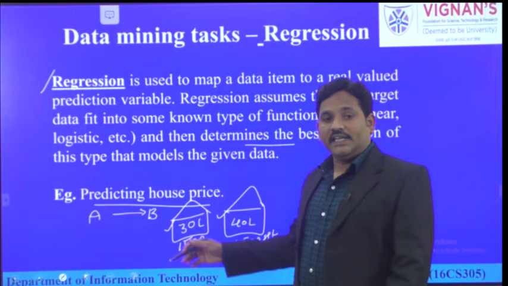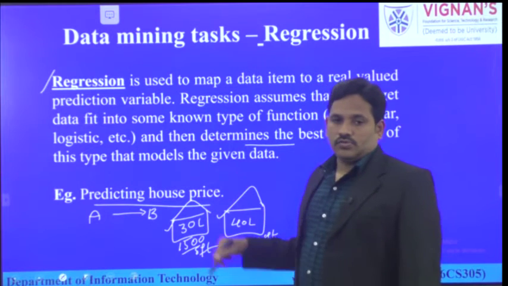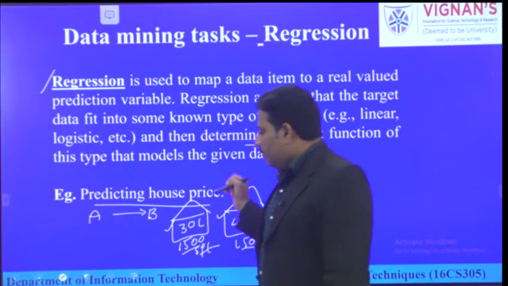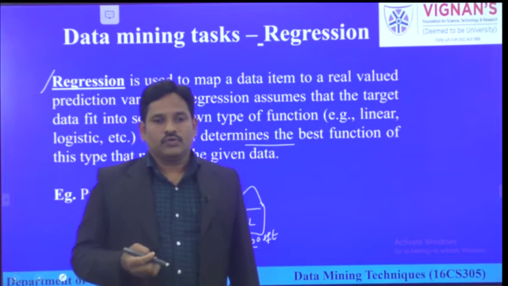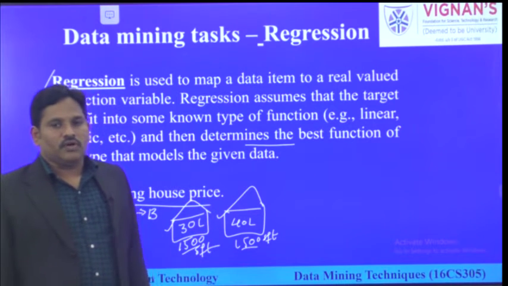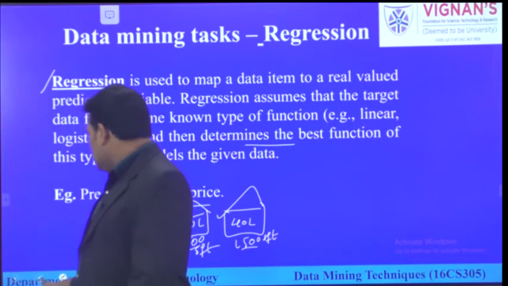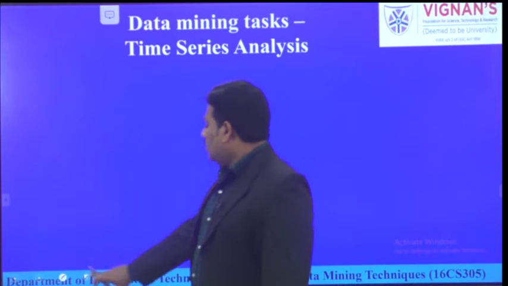So we want to predict what additionally they are giving compared to the first house. So by giving some predefined values or known values, we want to predict the house price. So this is also one of the real-time applications where we can use classification in predicting the house price.